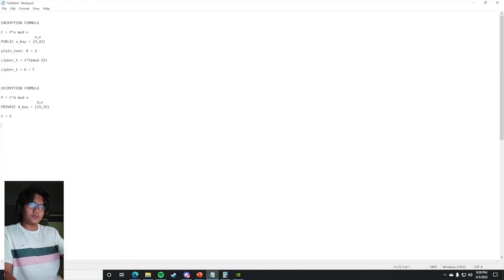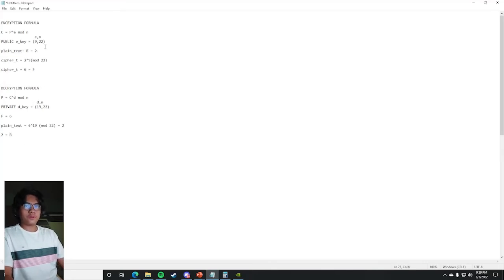So if we do the formula, we get plain text is equal to 6 raised to 19 mod 22. 6 raised to 19 mod 22 will give us a remainder of 2, which becomes 2, equal to B, as we have here in the plain text.